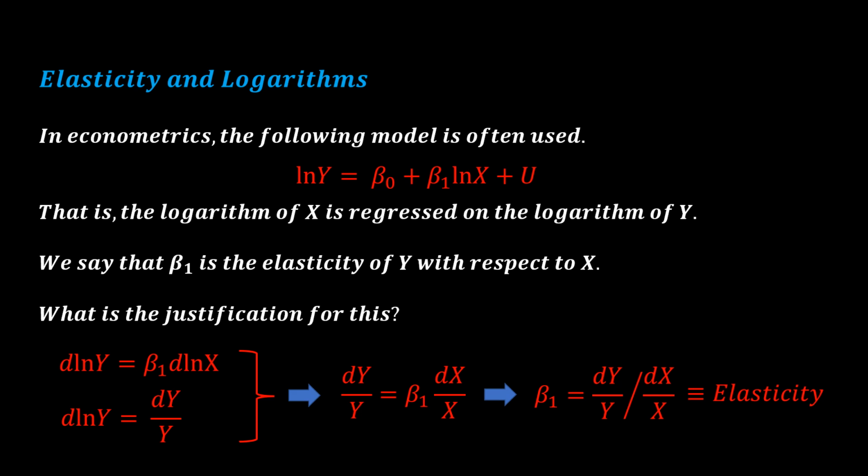Beta1 is in fact the ratio of the rate of percentage changes, or in other words, the elasticity of y with respect to x. I should mention though that since the data that you use in your regression is not continuous, this is only approximately true. That is, beta1 is an approximation of the elasticity, and the approximation can sometimes be quite far from the true value.